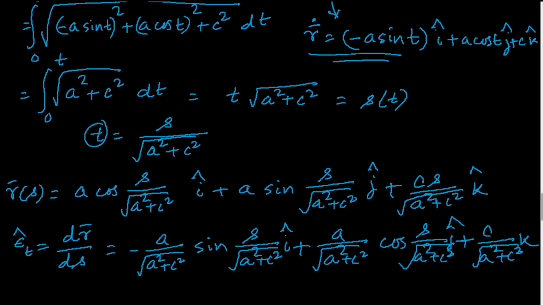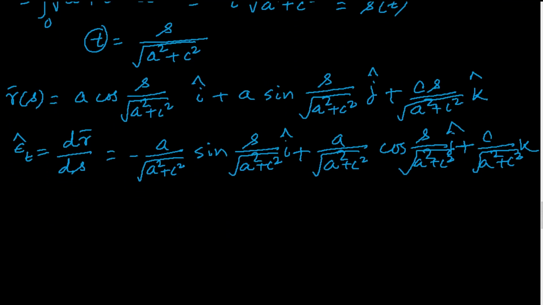So these are your e t vector, and now if you want to write e n vector, you just have to differentiate this again. So we will write first, say d squared r over d s squared will be what? So minus a over a squared plus c squared cosine of s over a squared plus c squared under root, so there should be a minus, isn't it?